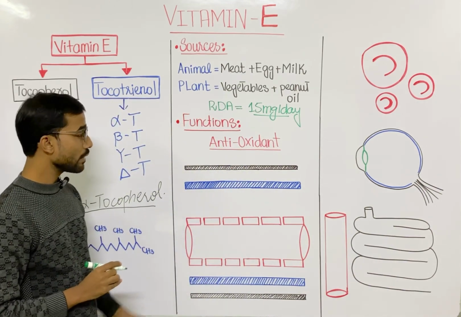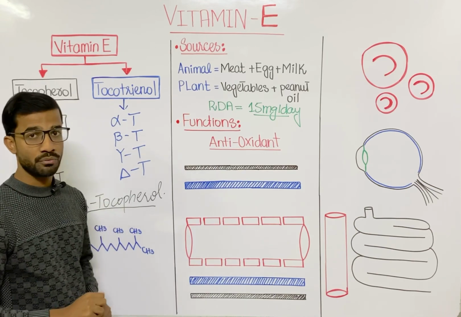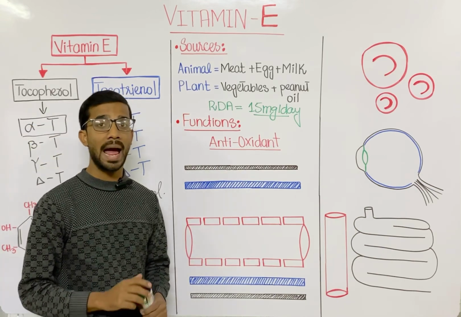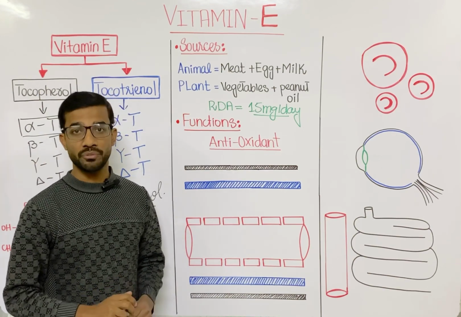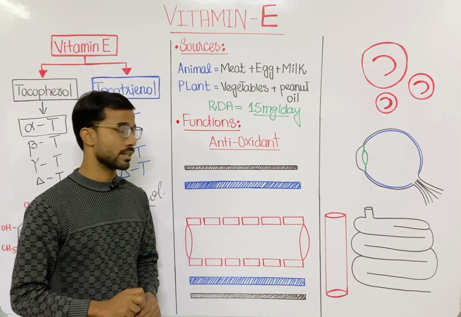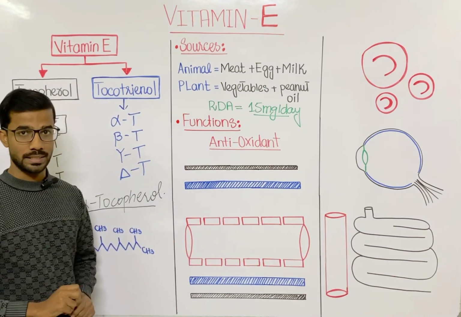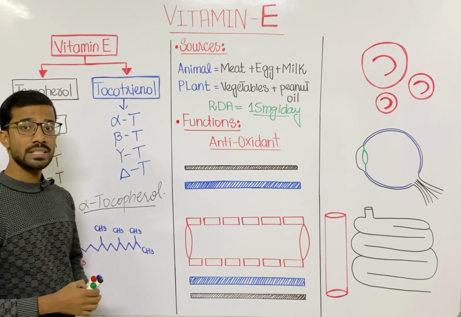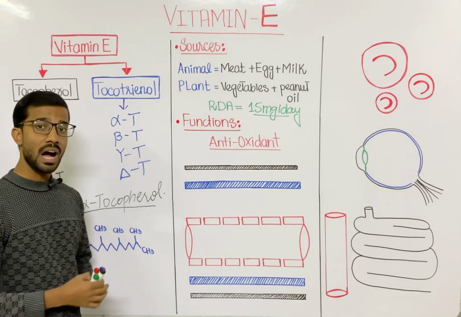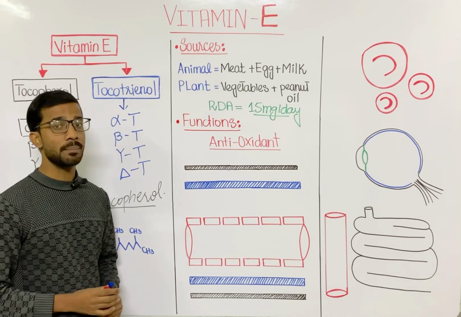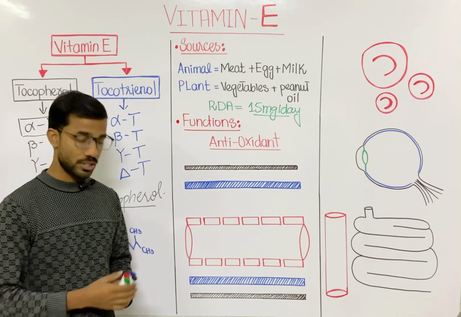If we discuss the functions of vitamin E, the most important function is as an antioxidant. It removes oxygen derived free radicals. If you look at the blood vessels, you will see three important layers: tunica intima, tunica media, and tunica adventitia, or you can say tunica externa.